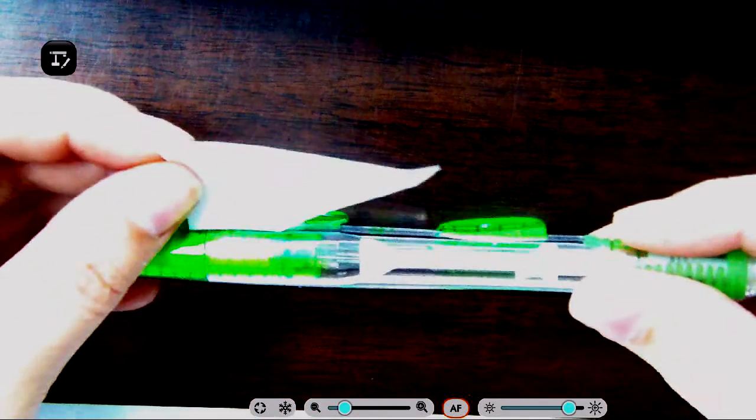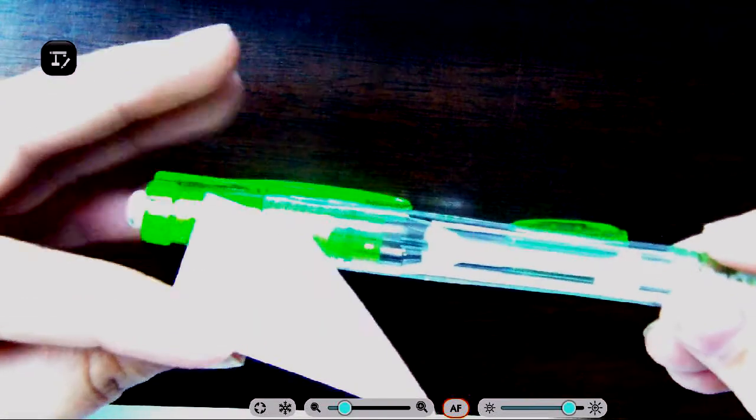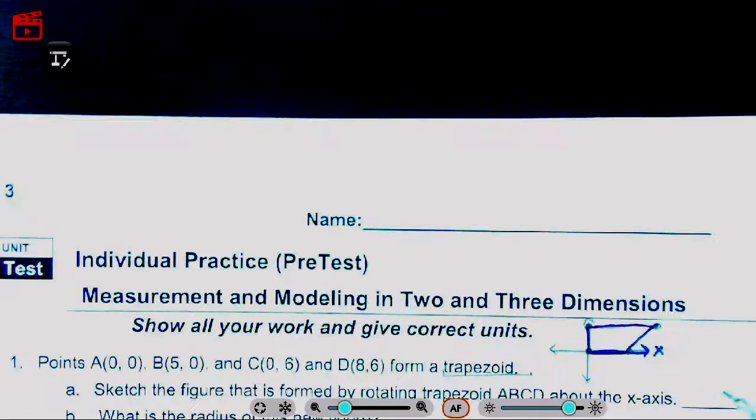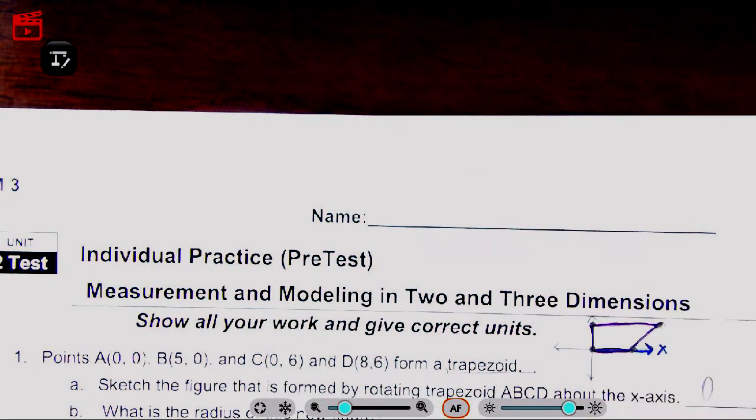Here's your trapezoid, and here's your x-axis. We're going to go all the way around the x-axis like this. Our question is, what is the shape that is formed when you're rotating it around the x-axis? So what happens to this side here? When we rotate this side, you can see that it forms a circle here. So rotating this right here gives you a circle.